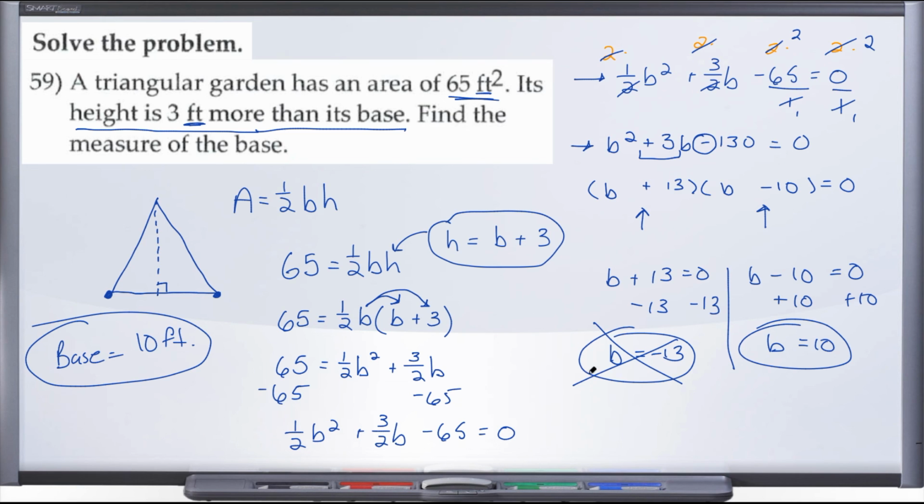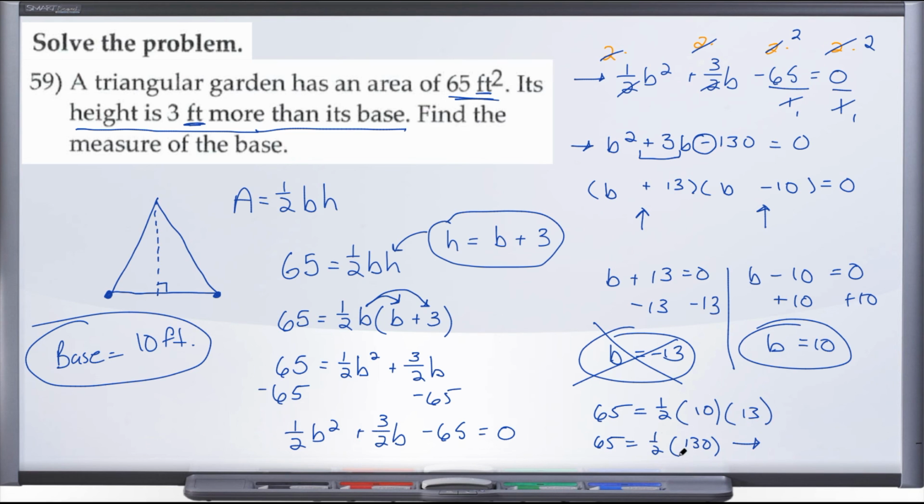So you could expect, if you want to double check yourself, that 65 equals 1/2 times base, which we just found to be 10, times height, which we now know is 13 because base plus 3, or now 10 plus 3, gives us 13. Well, let's see, 65 equals 1/2 times, well, 10 times 13 is 130.